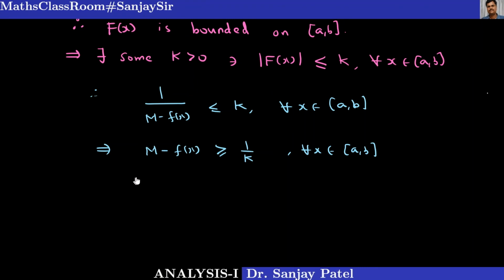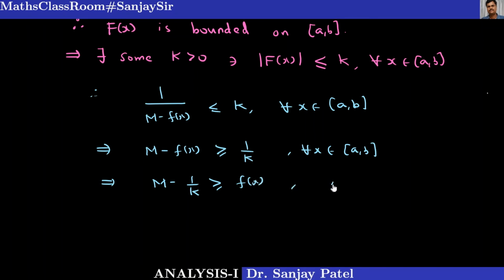Now just rearranging the terms in this inequality, I take 1 upon k to this side. So M minus 1 upon k is greater than or equal to small f(x).